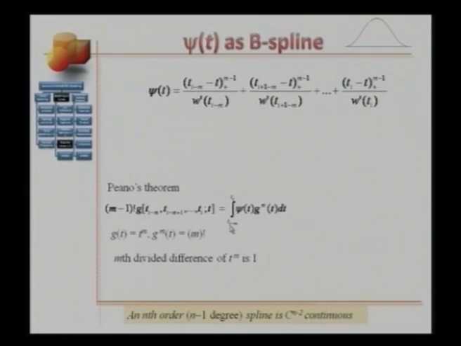Plugging this information into Peano's statement, we can see that (m minus 1) factorial is equal to m factorial times the integral from t_{i-m} to t_i of psi(t) dt, which implies the integral from t_{i-m} to t_i of psi(t) dt equals 1 over m. And this is the standardization condition for a B-spline basis function.